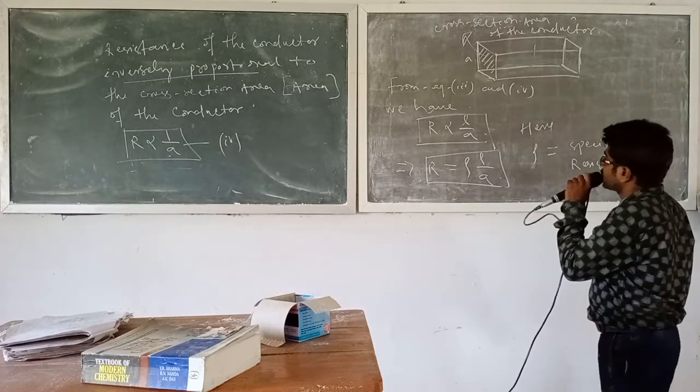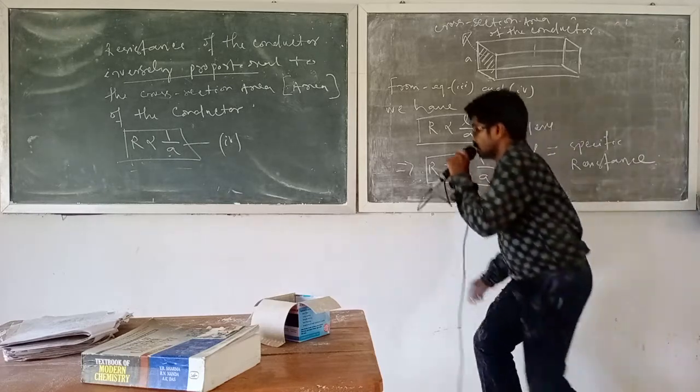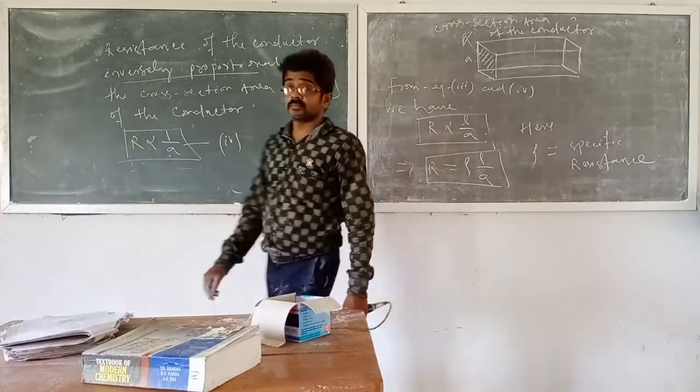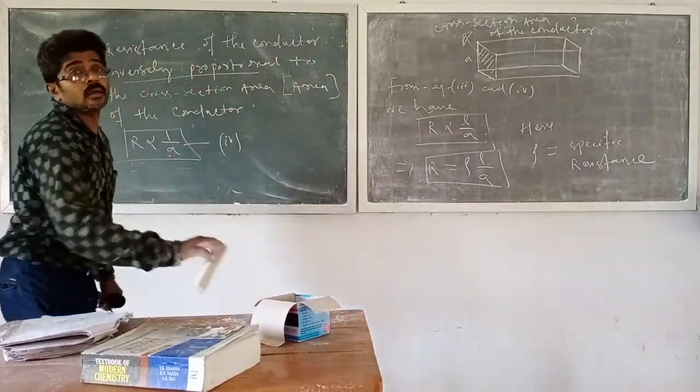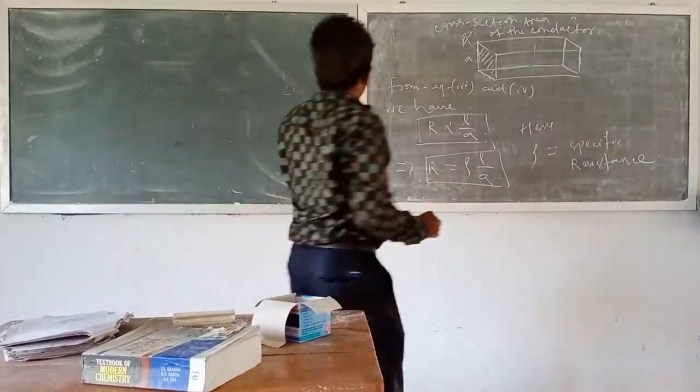Rho equal to what? Specific resistance. So this is the equation number 5.